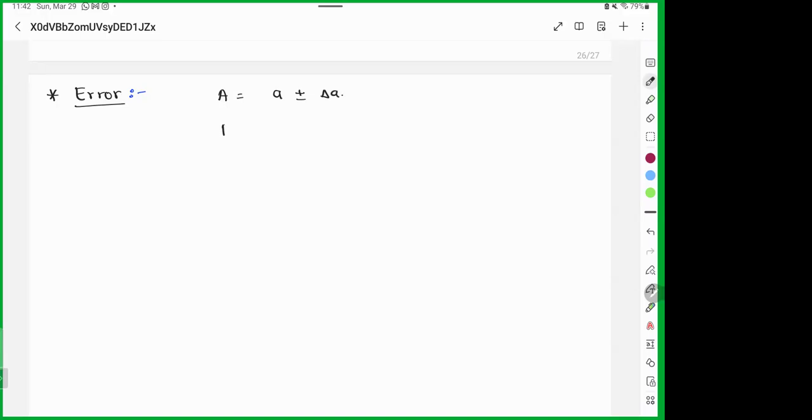If b value, you calculate b plus minus delta b. So remember, Rayan, it doesn't matter whether you add or subtract the value, final value, your difference value is always added, always.